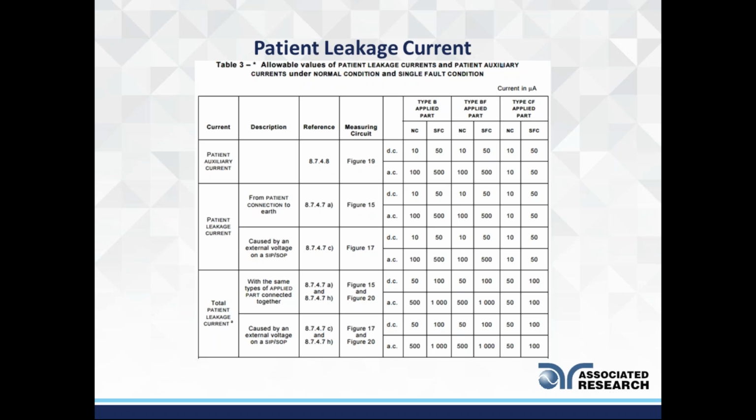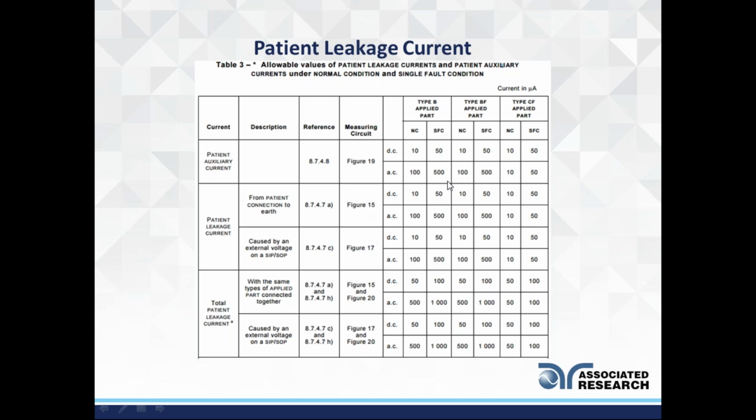Something to note: a lot of testers don't give you filters to just measure AC or just measure DC. They usually just give you total leakage. So for the total leakage, you're going to want to probably set your limits to the AC leakage. Now our Omnia actually does give you those filters, so if you're only preoccupied with the DC or the AC, you can choose those specific filters and you'll only get those specific values.